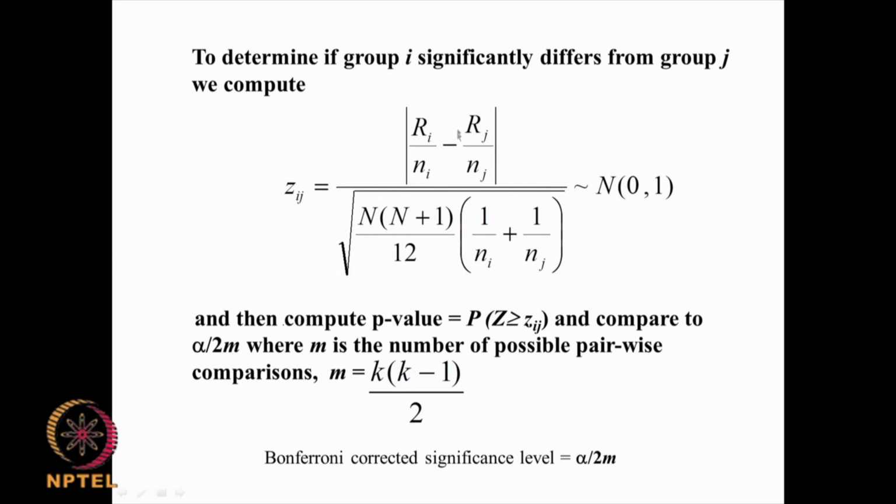If group i is significantly different from group j, that means if you take one drug, say aspirin, and then you call this ibuprofen, so you put in the aspirin data, put in the ibuprofen data, this is the number, this is the total, and then this total 15 is this number, and then compute the p value and compare to alpha divided by 2m, where m is the number of possible pairwise comparisons, that is m is given by k multiplied by k minus 1 by 2.